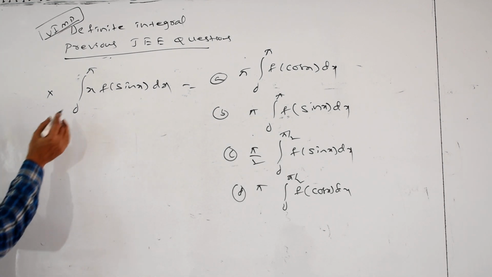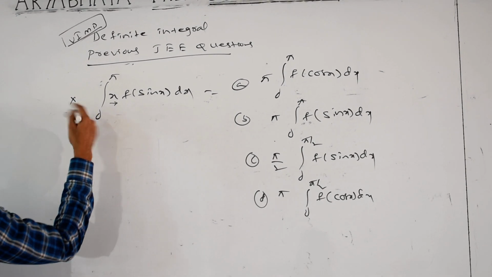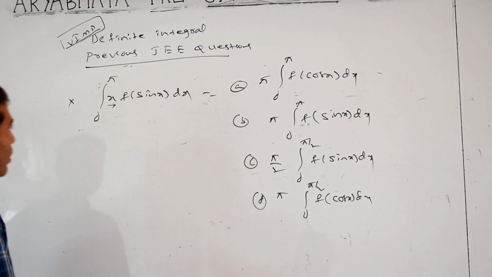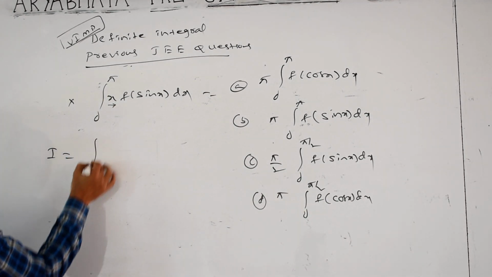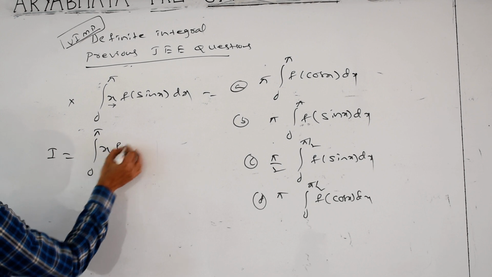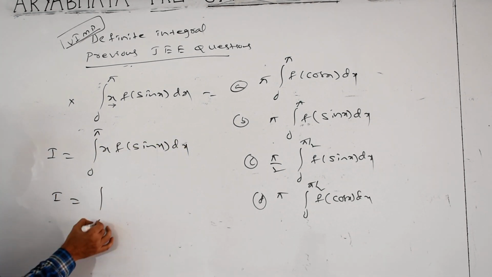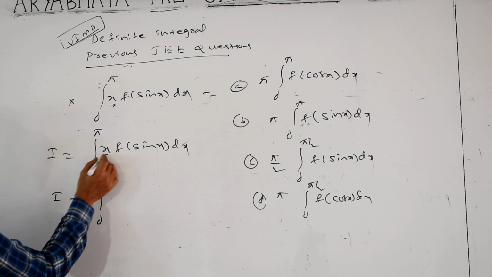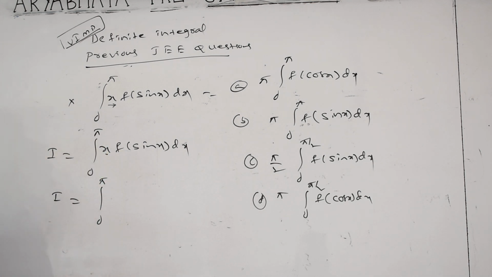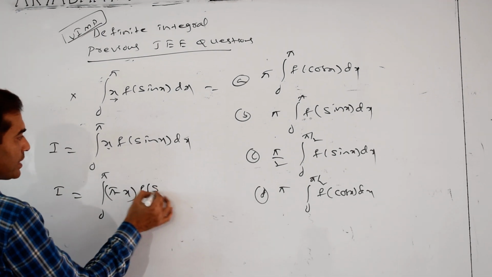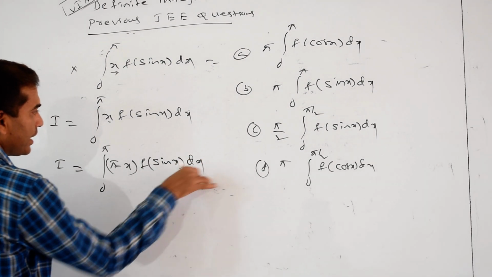Okay. I said if x comes in, eliminate x. Here there is no x in the options. How can we eliminate it? By property. I is equal to integral 0 to pi of x into f of sin x dx. Use the property, 0 to pi, in place of x write the sum of the limits minus x, pi minus x. F of sin of pi minus x is sin x, and dx.